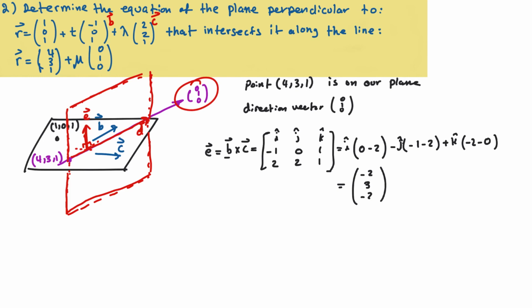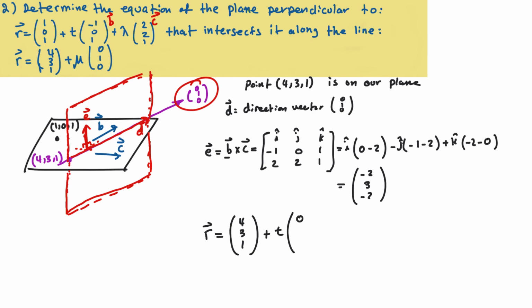So this now means that I have the two direction vectors. I have E here, and this is my D. And if I want to write my plane, the one in red, we know that one of the points is going to be 4, 3, 1. So our plane equation in vector form is going to be r is equal to a point on that plane, 4, 3, 1, plus a parameter, let's use t, multiplied by one of our direction vectors.